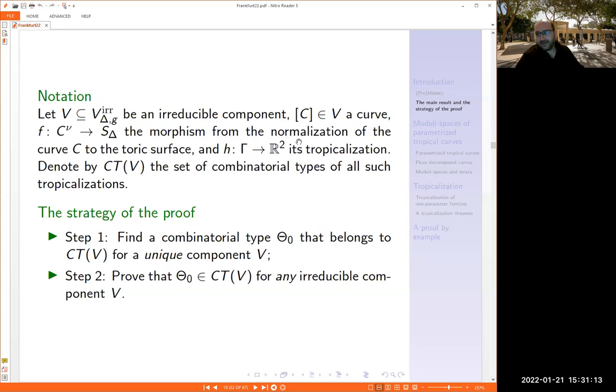So I identify one component with a particular combinatorial type of tropical curve that comes as a tropicalization of a curve from this particular irreducible component. And then I show that, in fact, any other irreducible component must contain a curve with this type of tropicalization. So any other irreducible component has to coincide with the very first irreducible component that I picked.